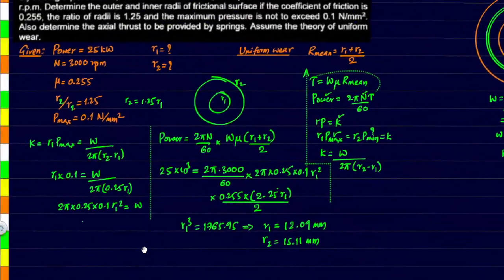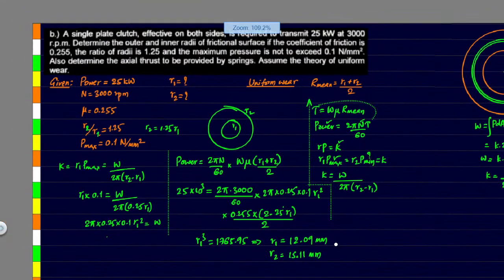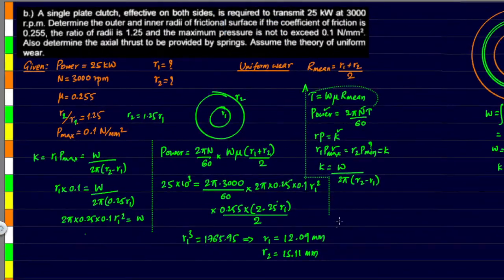It seems to be the correct one itself. Not really sure still whether this is the correct answer or not. Let's try substituting this value in Newton per meter square. We do that.